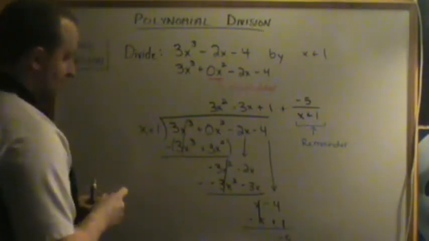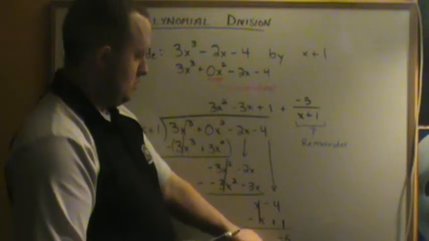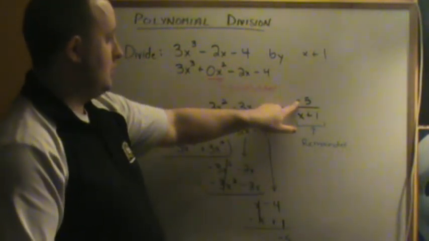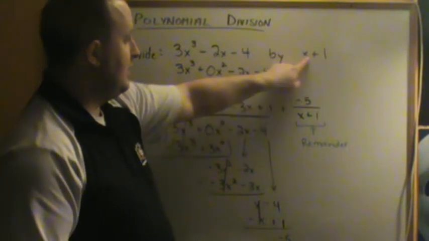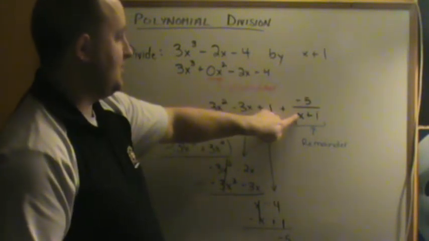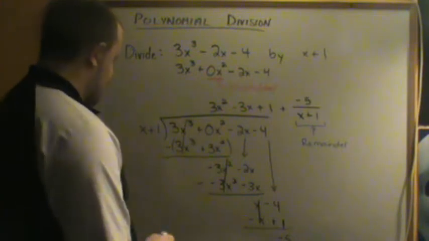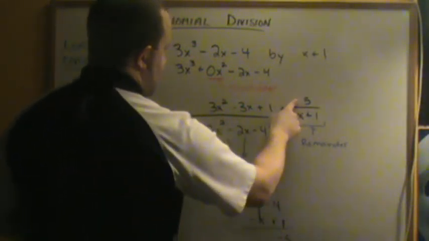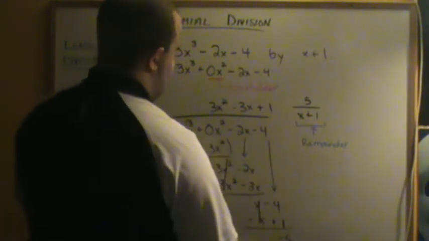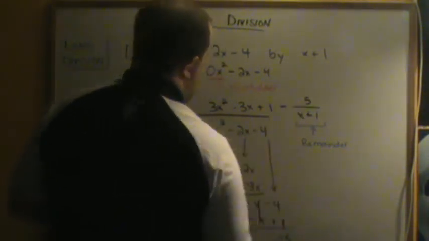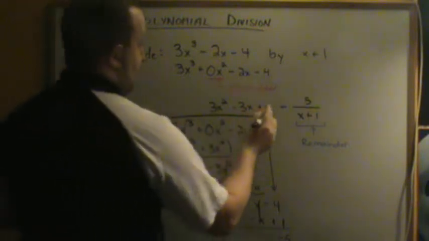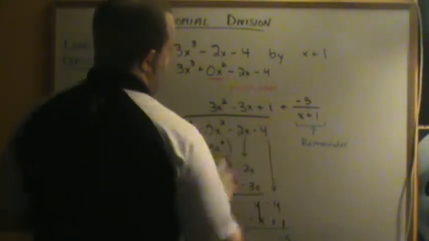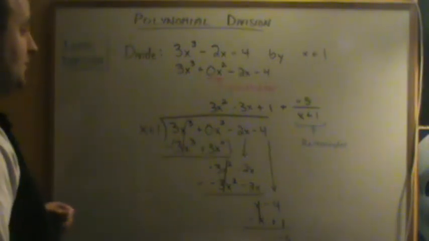So always, if you come up with a remainder here, you're going to create a fraction. The remainder goes in the numerator, and the divisor goes into the denominator here. Because we have plus and negative here, we could also take that negative and slap it out front. But I'm perfectly fine if you have plus a minus there. That's perfectly fine, or should be accepted.